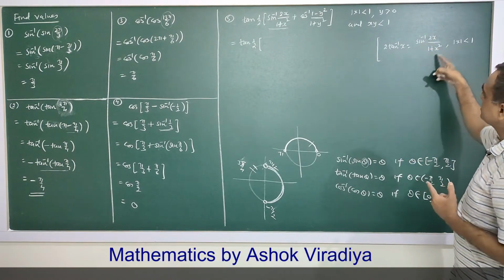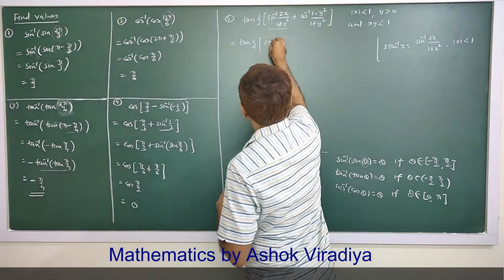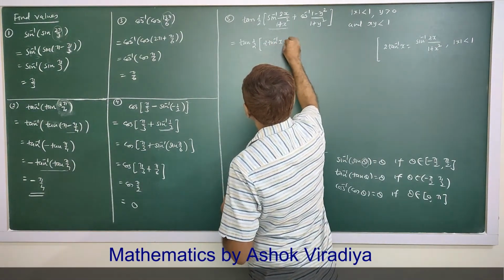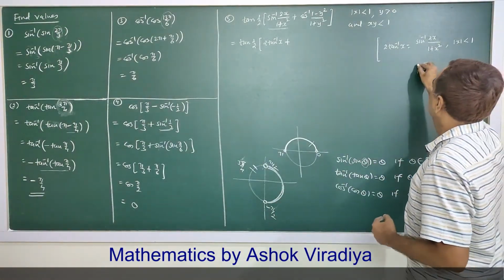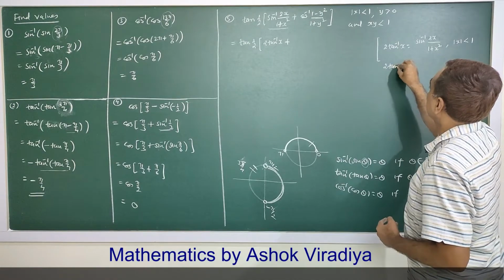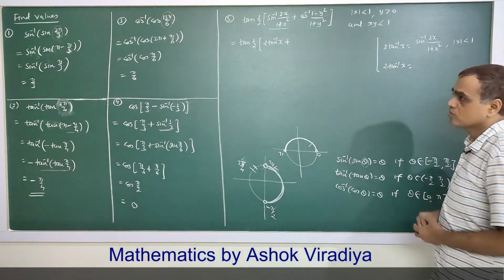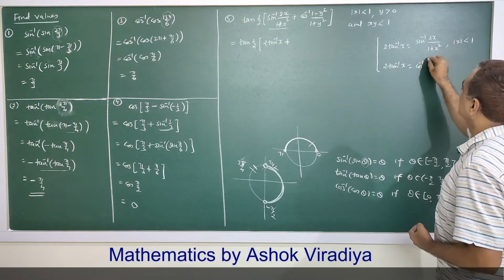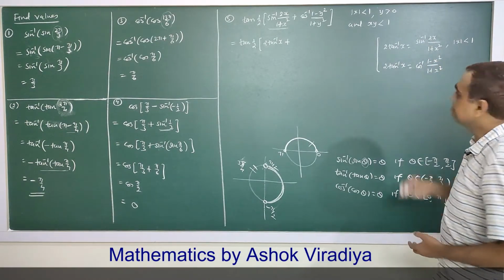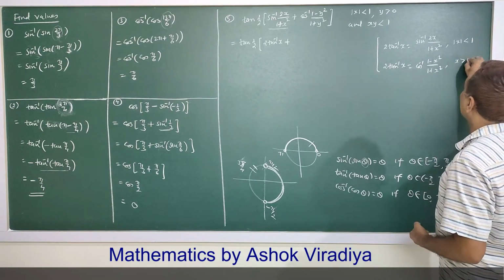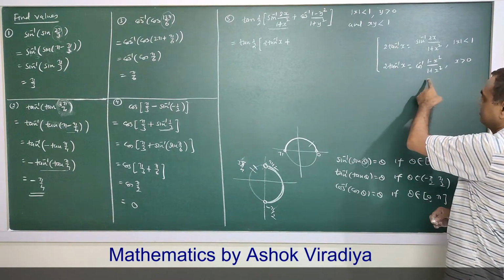So this will be replaced here by 2 times tan inverse x. We have one more result, that 2 times tan inverse x equal to cos inverse of 1 minus x square upon 1 plus x square if x is more than 0. That is another result.